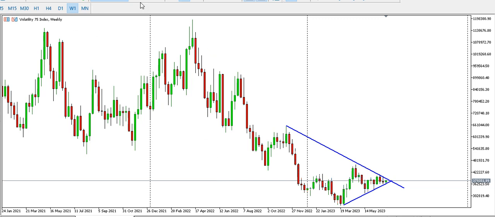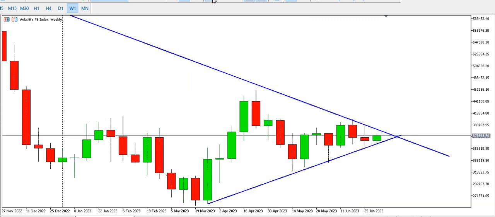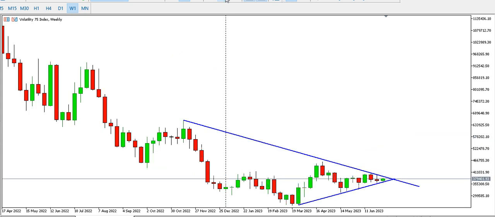I have V75 index on the weekly time frame on my screen, and what I can see is the fact that the price of V75 is ranging. We might likely see price go up with what I'm looking at.